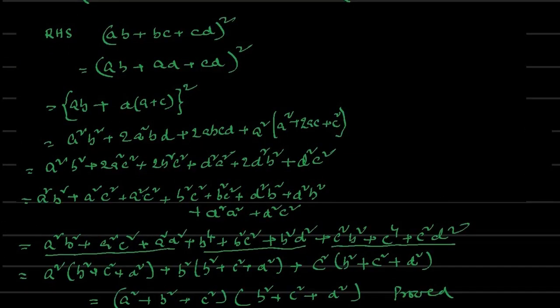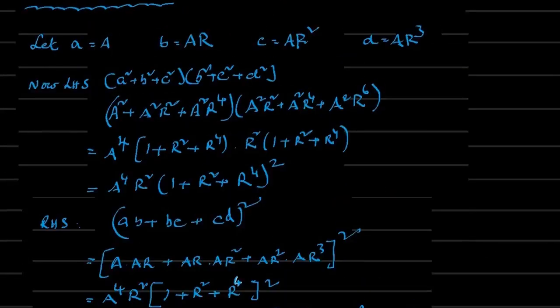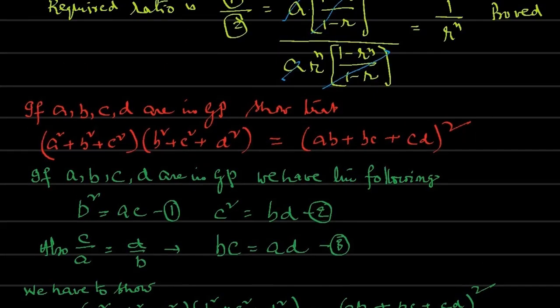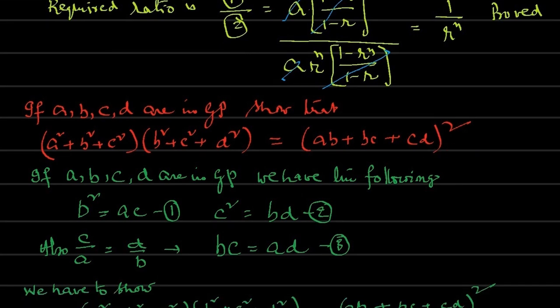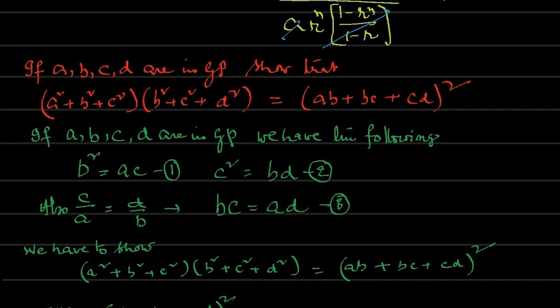25. If A, B, C, D are in GP, show that (A square plus B square plus C square)(B square plus C square plus D square) equals (AB plus BC plus CD) whole square. This is a very laborious problem.